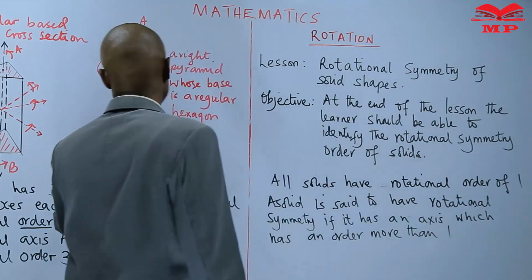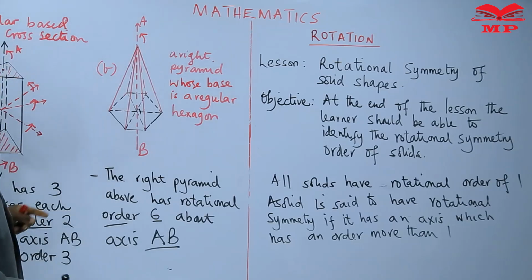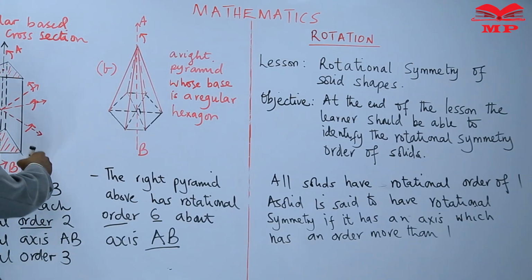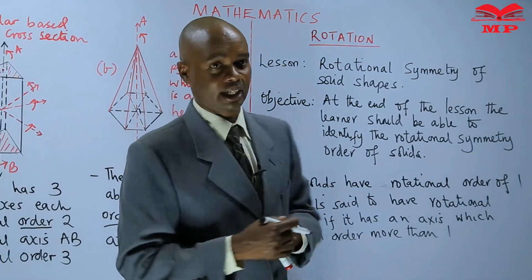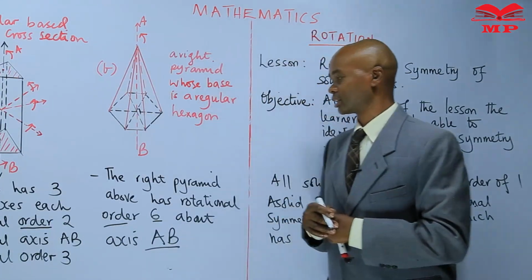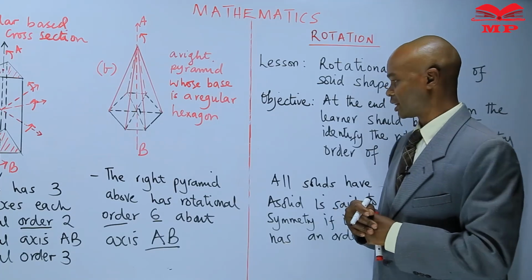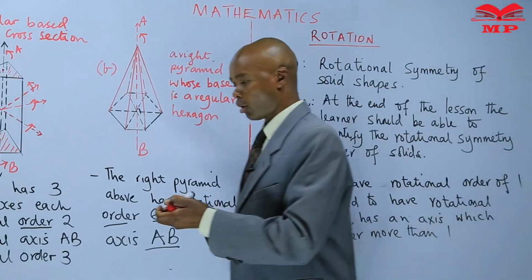Like this one has rotational symmetry, if that one, and that also this one, because there is at least an axis having more than one order.